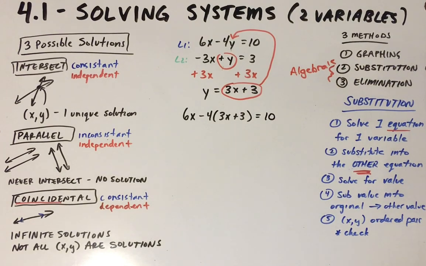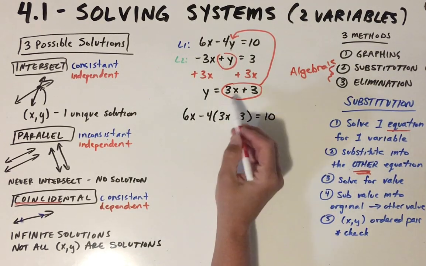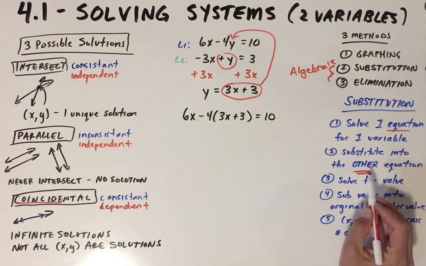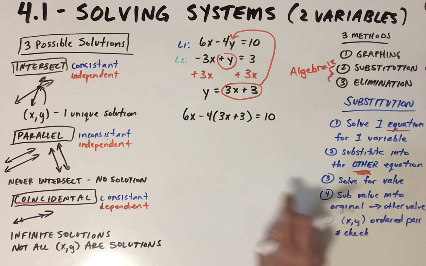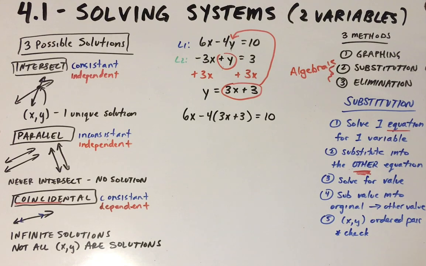So I can switch them out for each other. Now notice, important thing, that I chose line 2 to solve for y. I cannot plug this 3x plus 3 back in for this y. That would be bad. So I have to substitute it into the other equation, the opposite equation, the one that I didn't solve for.